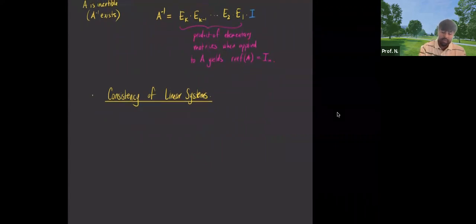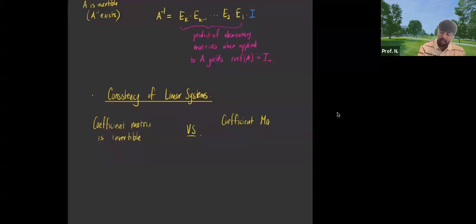So we have two varieties, right? One kind is when the coefficient matrix is invertible versus when the coefficient matrix is not invertible.